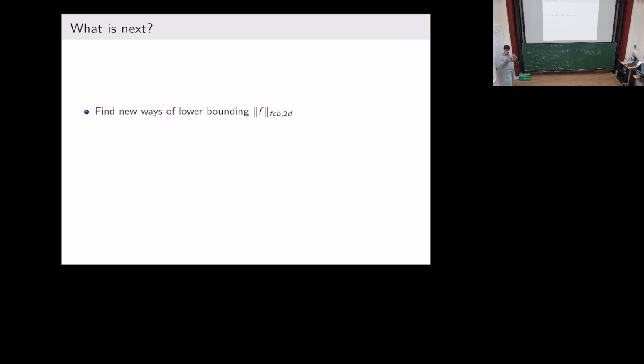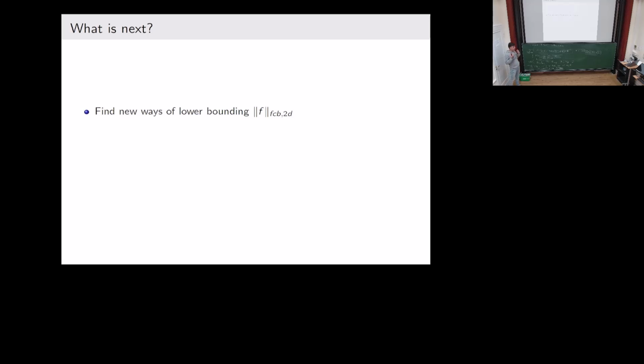And it would be nice to have similar matrices that would satisfy similar relations for general polynomials. And maybe you can even afford to have some dependence on the degree. You don't even need to satisfy that. And it would be nice thus to find new ways of lower bounding the Fourier completely bounded norm. So maybe that is a way to go.